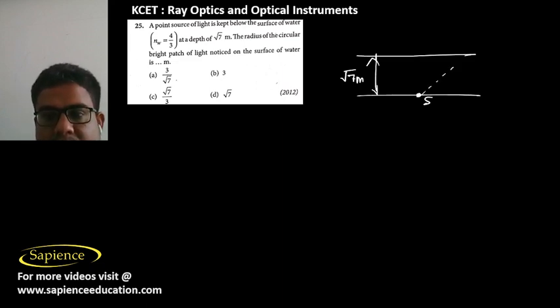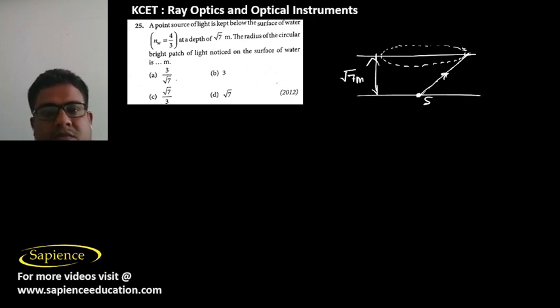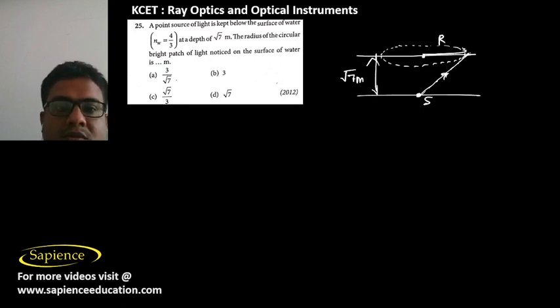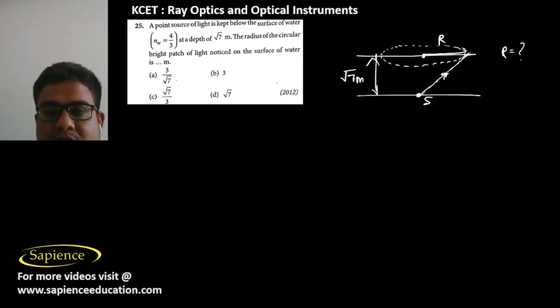We have to find the radius of that bright circular patch of light noticed on the surface of water. So this radius is how much?